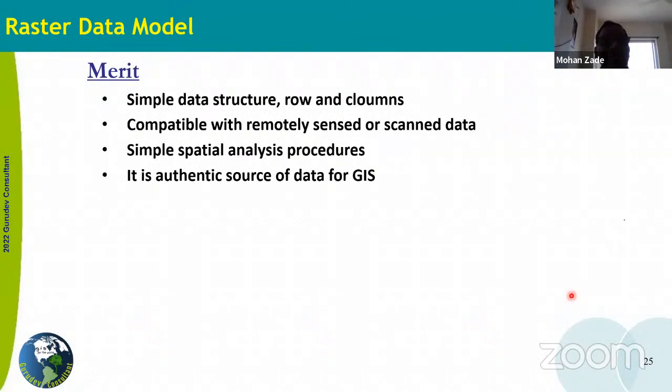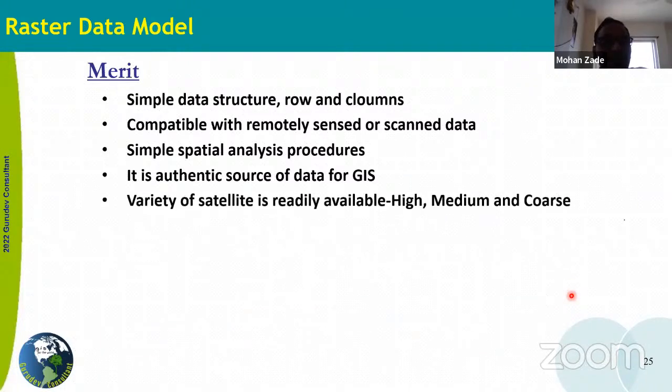These modelings require the data in the form of raster. If you have heard about the SWAT model, MIKE SHE model, or HEC-RAS model, all these models require the data in the form of raster, and they take the raster data into their modeling systems and then do all the calculation of your water balance or your climate change scenarios.